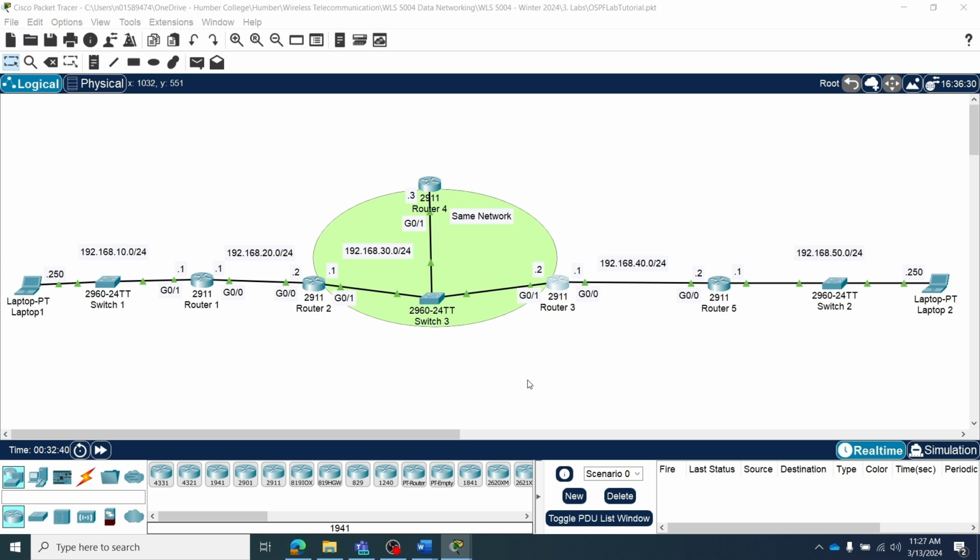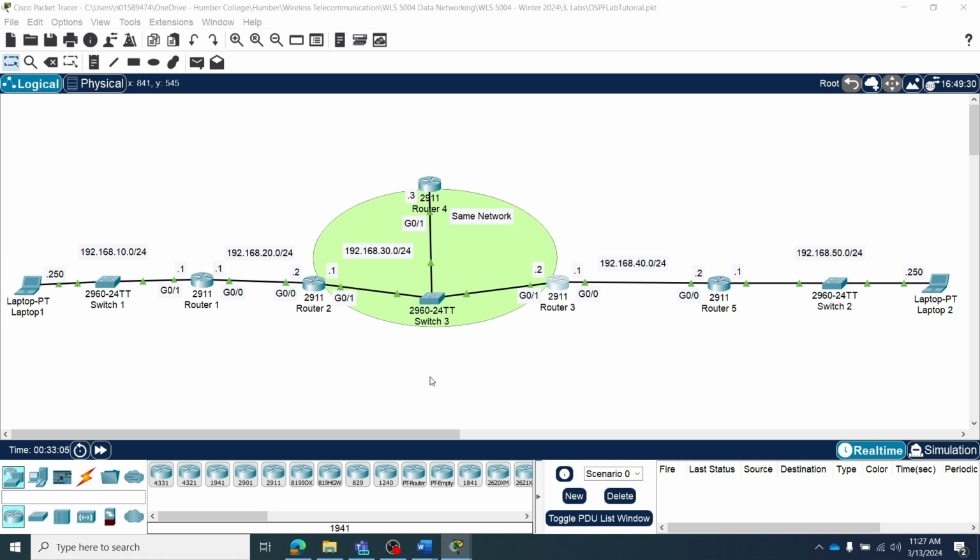So how can all the routers learn about all the networks? One way is configuring a dynamic routing protocol. In the previous video we saw how to configure the RIP routing protocol so that every router can learn every network.